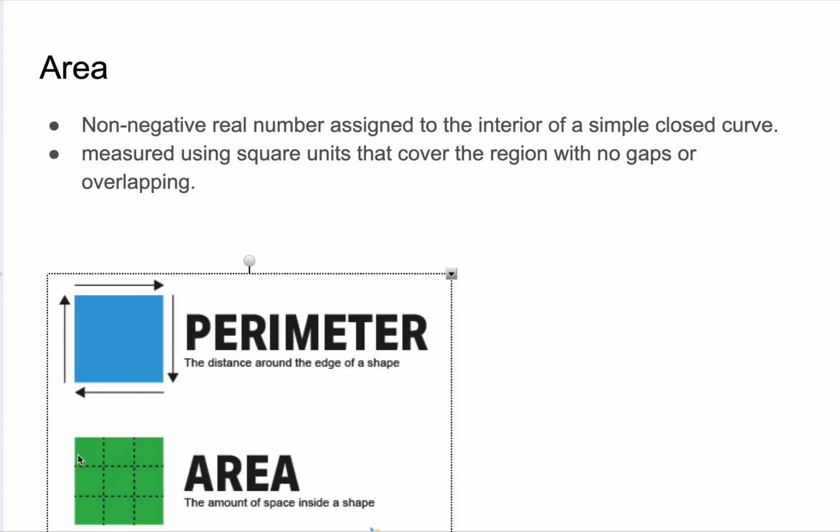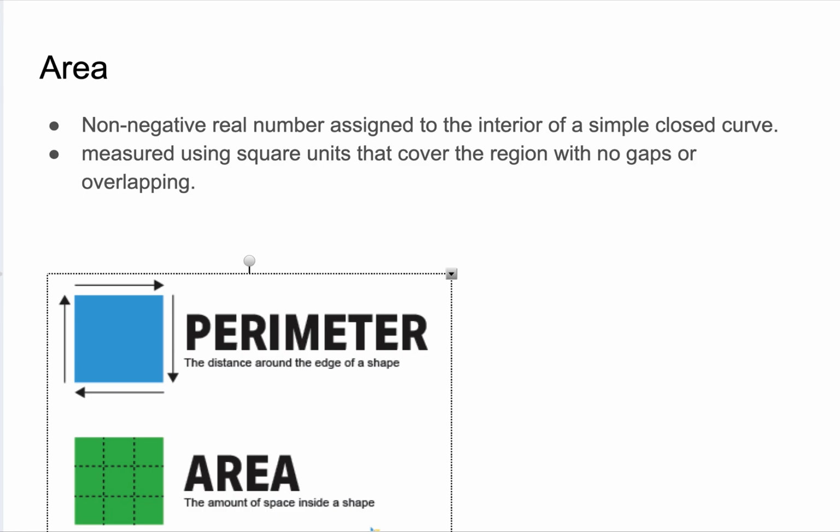So we are calculating how many square units, how many squares can fill up that shape. That is called area. So we usually use square units.